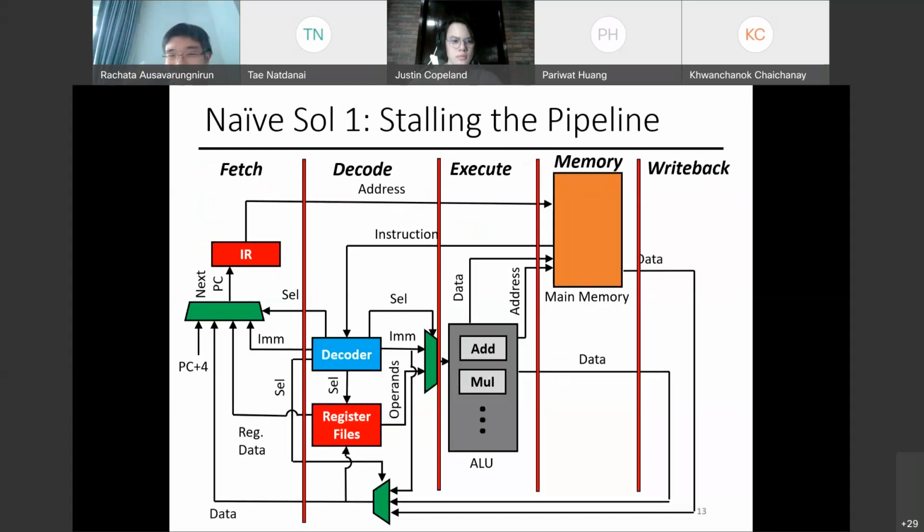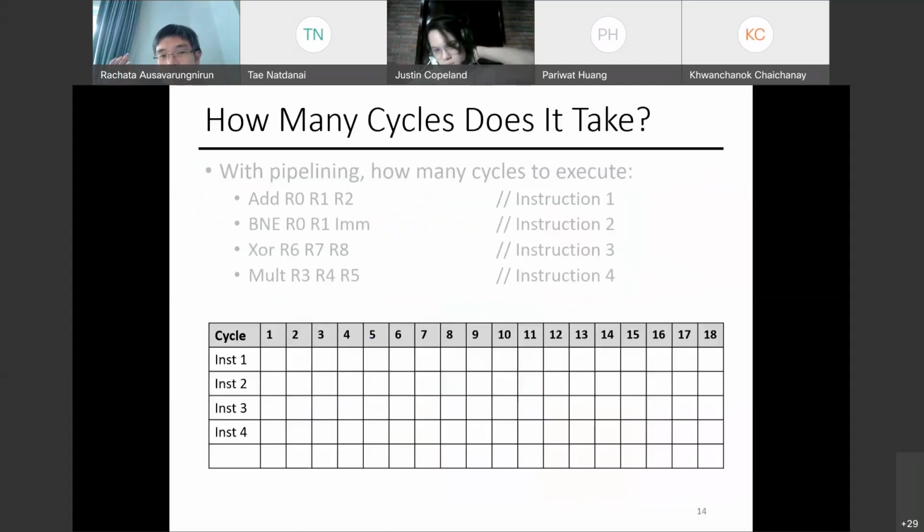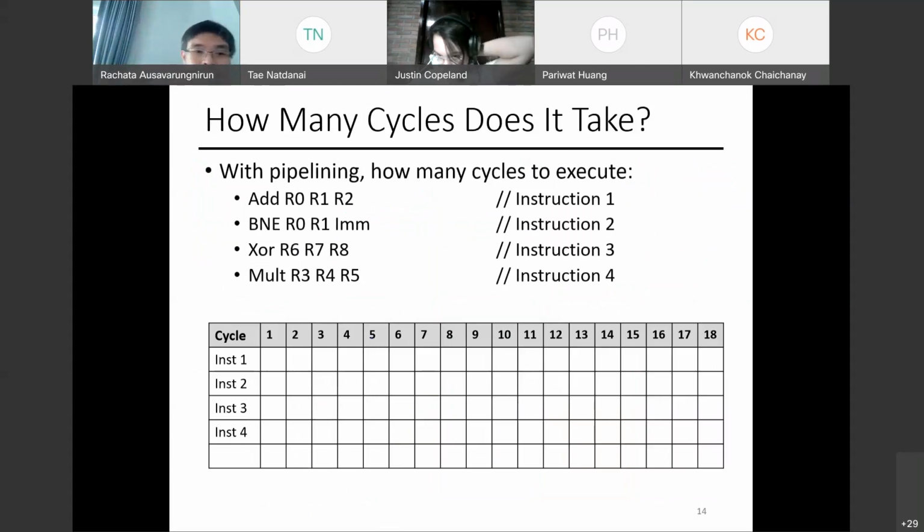So again, 5-stage pipeline, like here, and you stall. So I'm gonna switch the slides and show you the code, which is this. You have a branch right here. How many cycles with pipelining? If I stall, what happens? I add, right? Fetch, decode, execute. Assume everything takes 1 cycle.